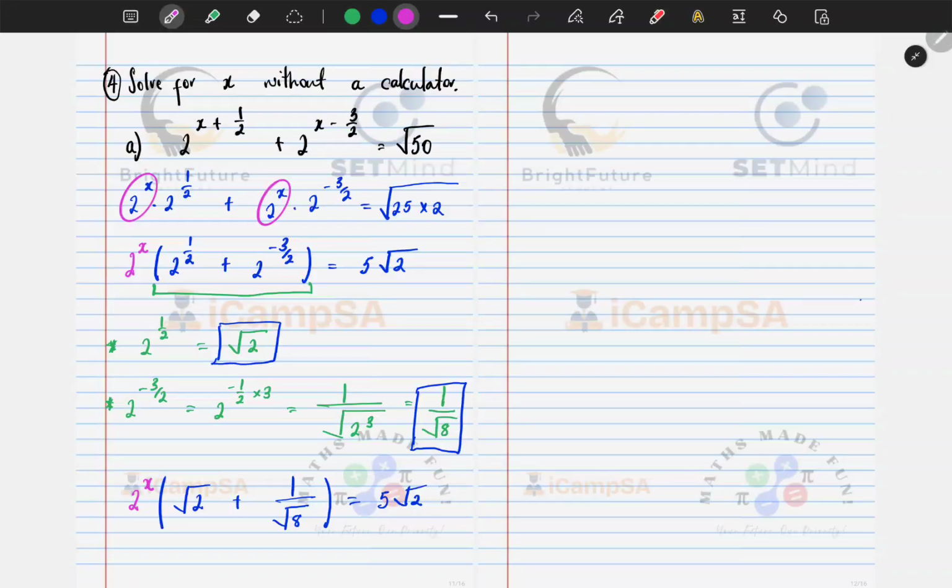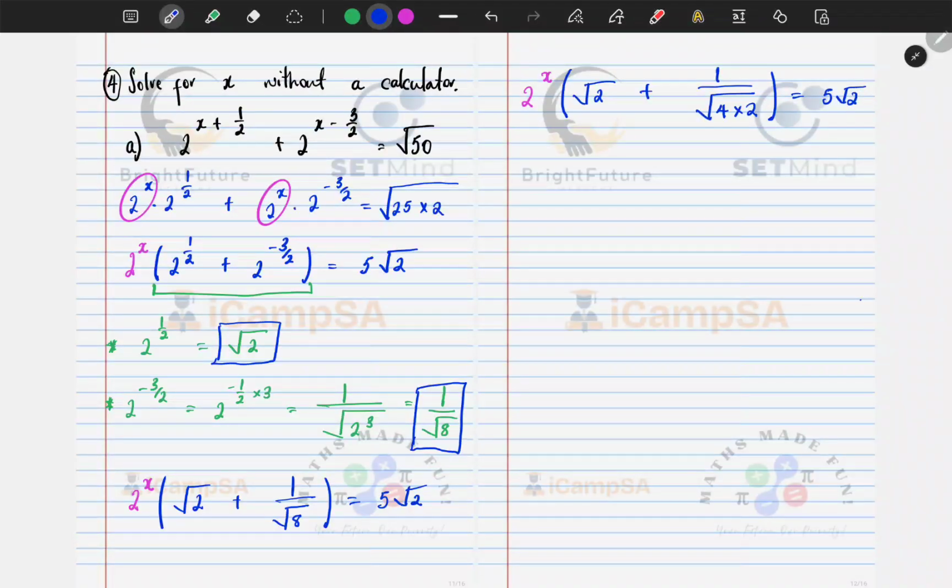Okay, so I am going to have 2 to the power of x, all into my root 2 here, plus 1 over root of 4 times 2, which equals 5 root 2.